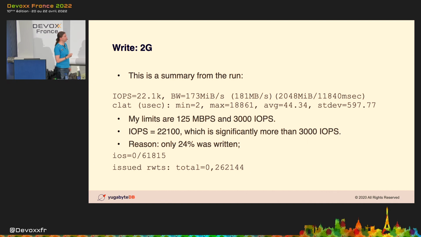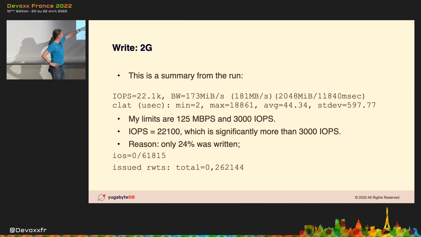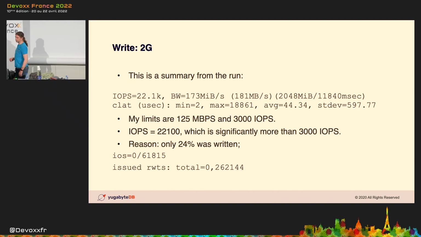This is really, really important. I still get a great figure, but with a 2 gig write, I get 61,000 physical writes, and my IOs per second is great, but I'm not getting the same figure as for reads.